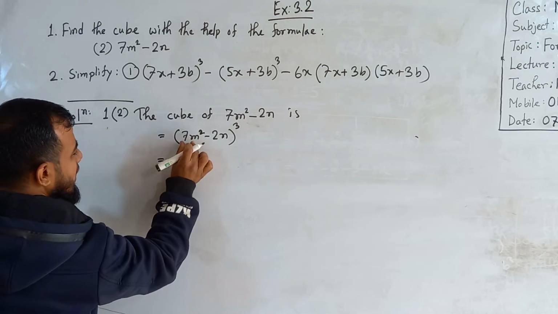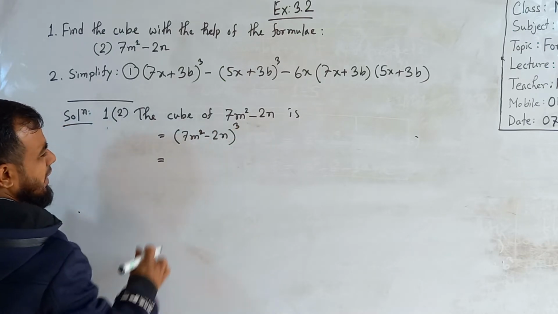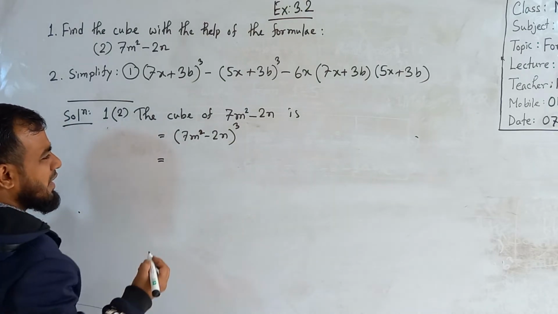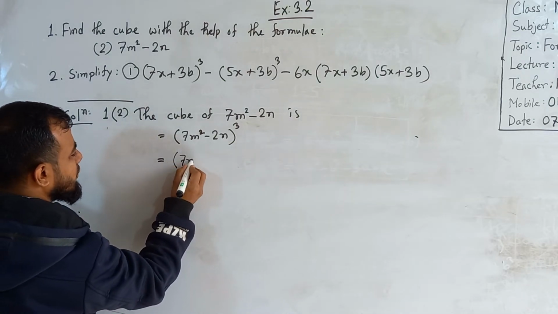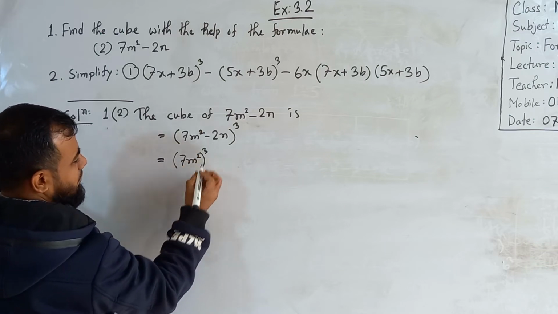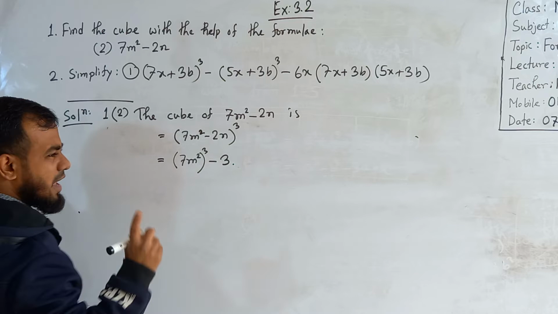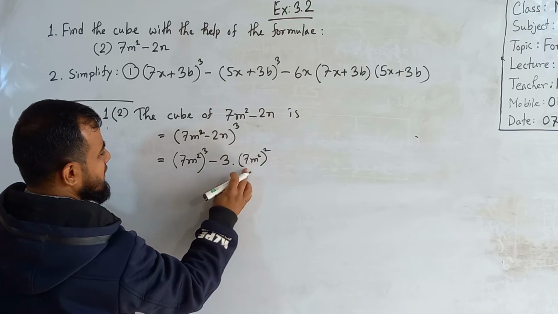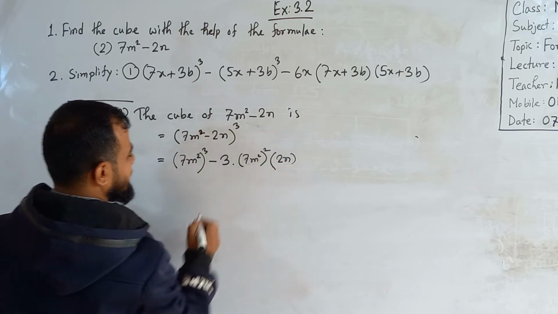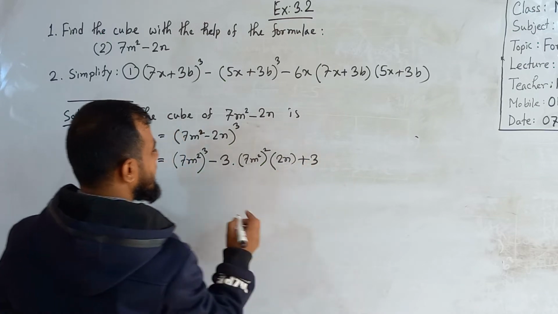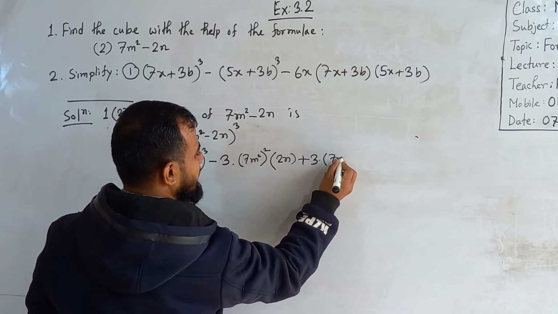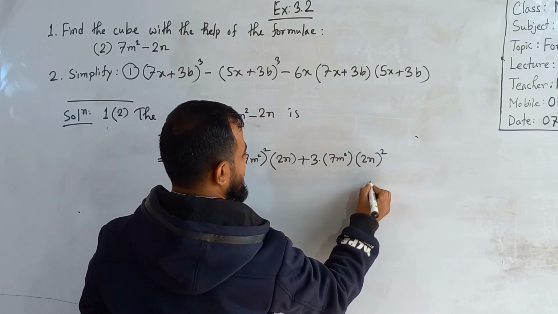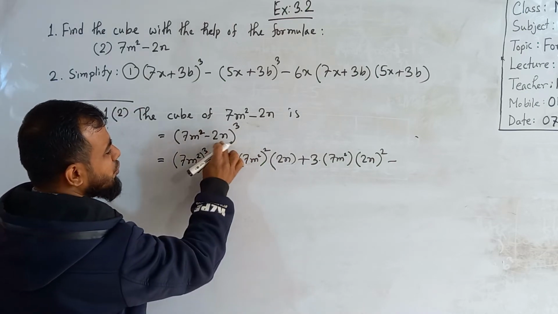Now it's the (a - b) whole cube formula. a is our 7m squared and here b is 2n. Now apply the formula: (a - b) whole cube is equal to a cube minus thrice a squared b, where a squared means (7m squared) whole squared, and b means 2n, plus thrice ab squared, where a is 7m squared and b is 2n, so (2n) whole squared, minus b cube, b cube means (2n) whole cube.